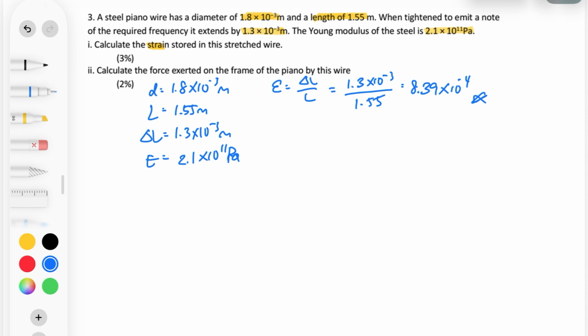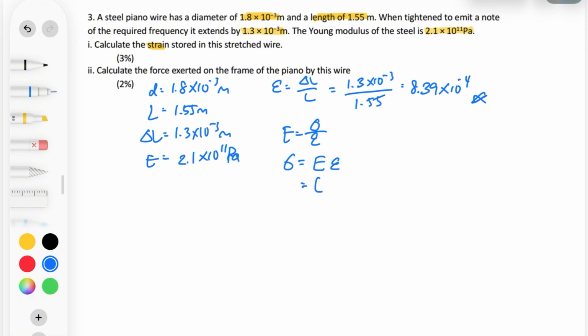Calculate the force. In order to find the force, we know that E equals stress over strain. So we can find stress first. How do we find stress? Stress is E times strain.